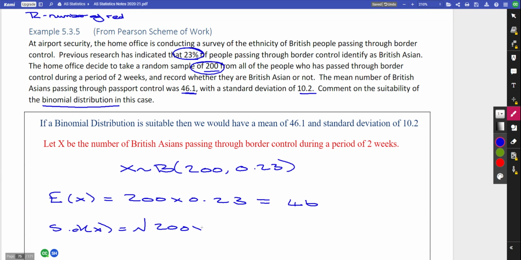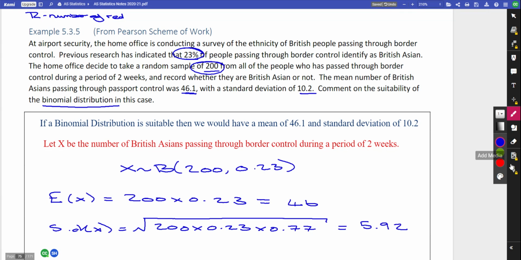So I've got the square root of 200 times 0.23 times 0.77, which is equal to 5.92. So doing a comparison, we can say that this is close, but that is nowhere near.